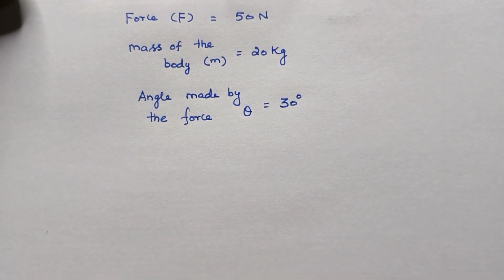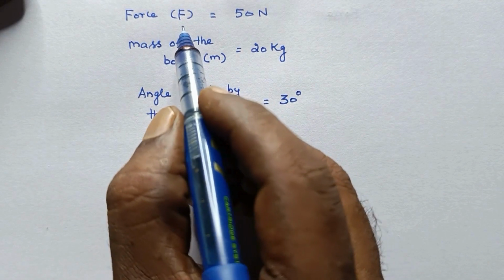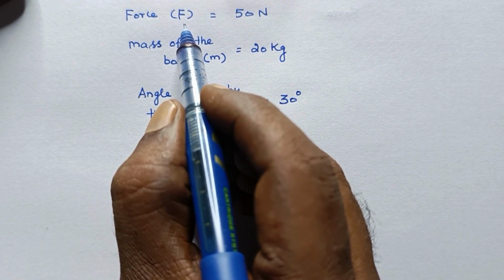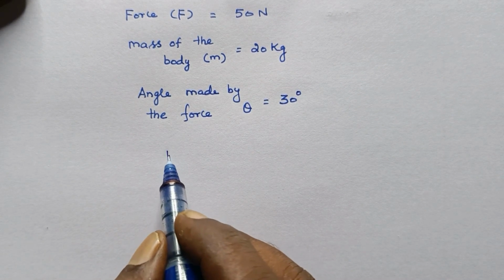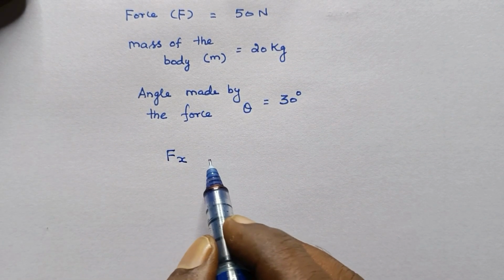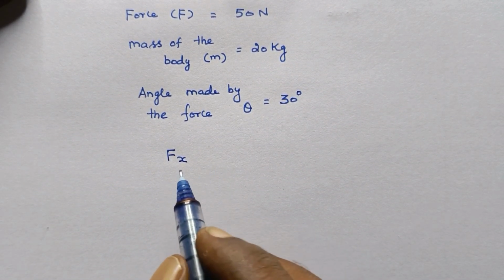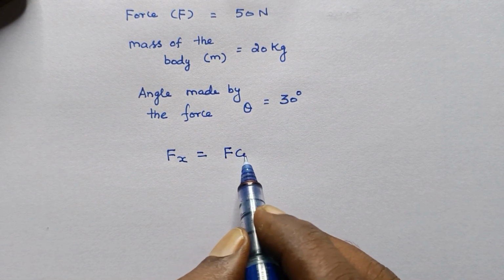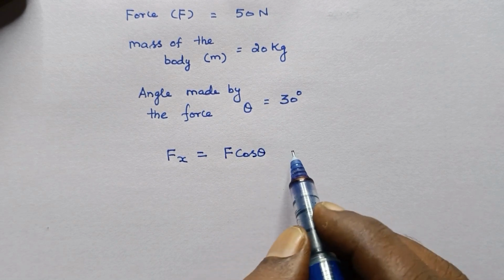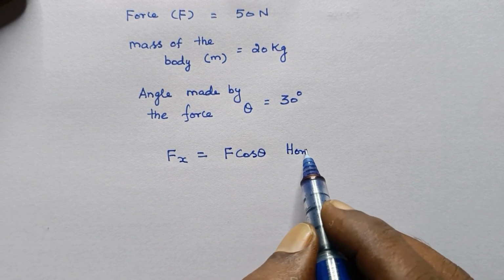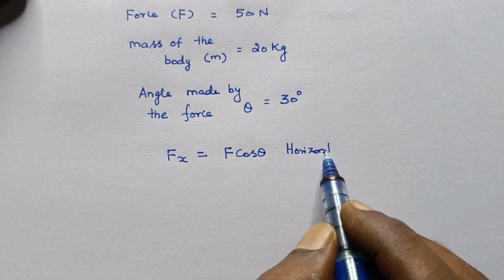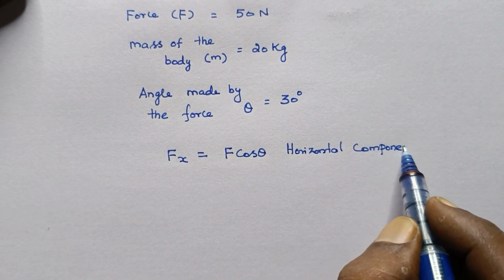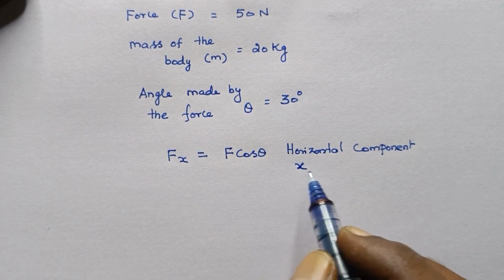How are we going to solve this problem? We know that force is a vector quantity and it can be resolved into two components. One is Fx, the second one is Fy. So Fx is F cos theta, called the horizontal component or x component.